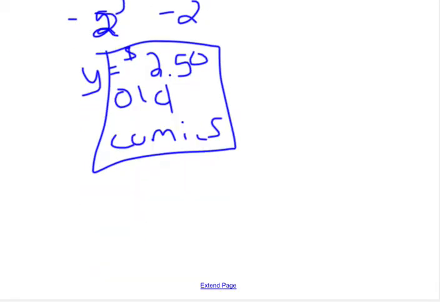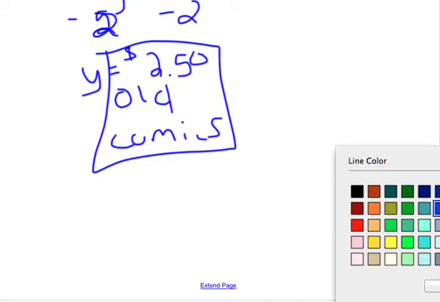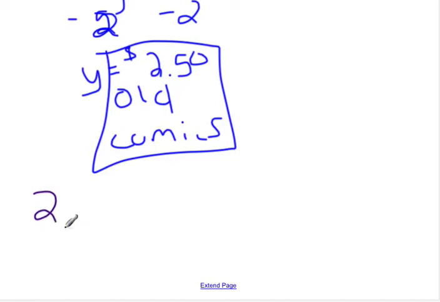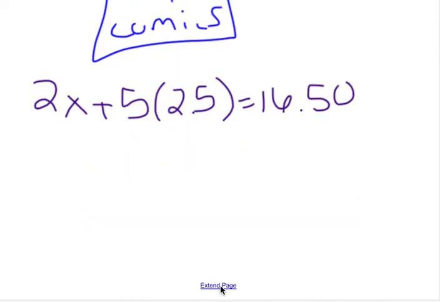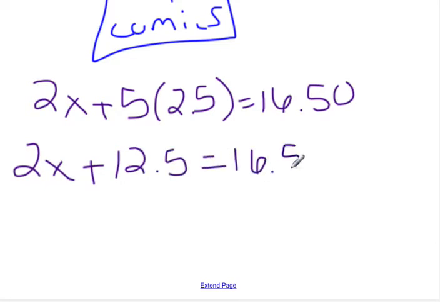So what I'm going to do is take y out completely, sorry, and I'm going to put 2.50 in instead. So next to the 5, instead of having y, I'm going to put 2.5. And that's going to be equal to 16.50. So then I have 2x, and 5 times 2.5 is going to be 12.5, and that's going to be equal to 16.5.